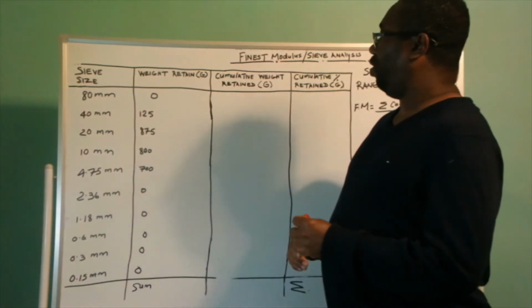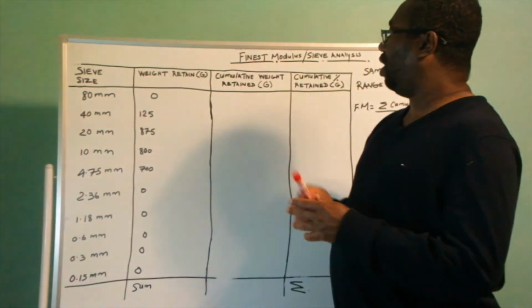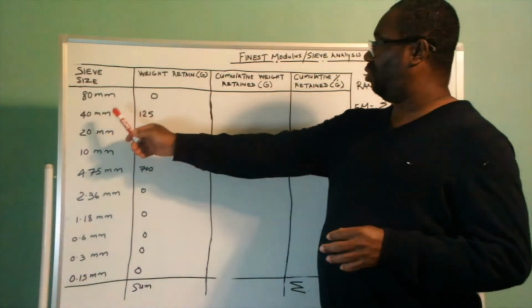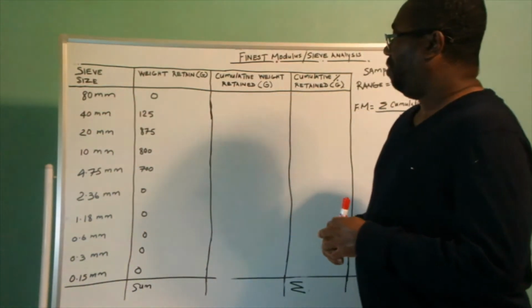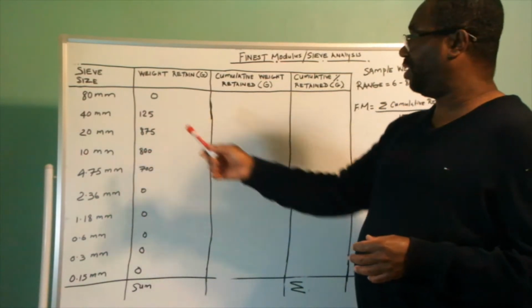Now, if you look at the 80 millimeter sieve, you will see that 0 aggregate retained. If you look at the 40 millimeter sieve, you will see that 125 grams of material retained.